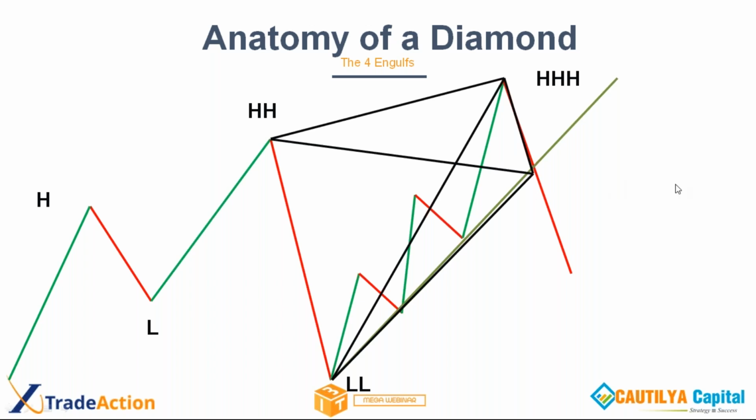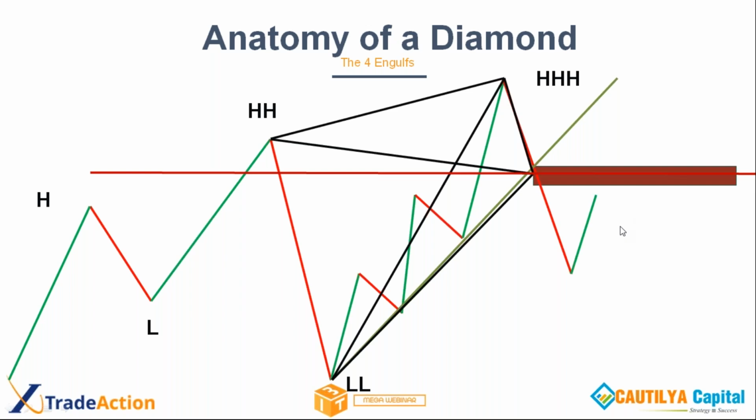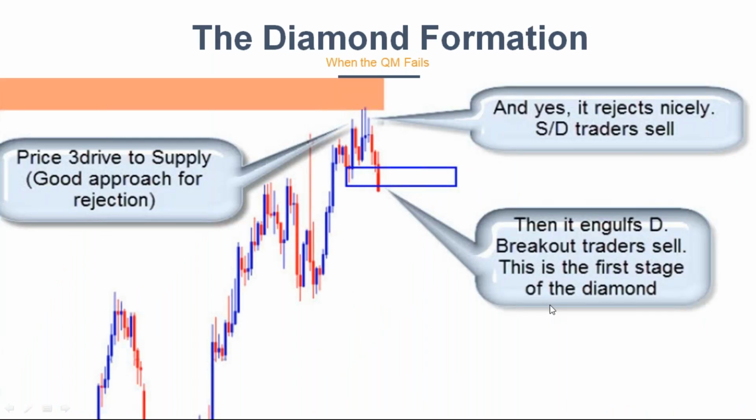This is called a diamond, and that point where the intersection, the trend line is broken, is the place where we look for a trade, and that is the point of diamond formation.